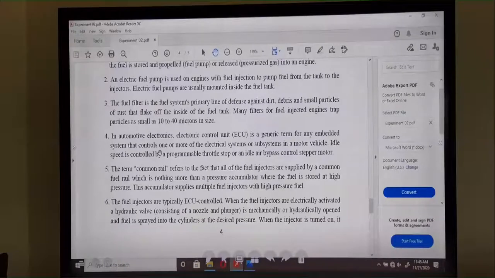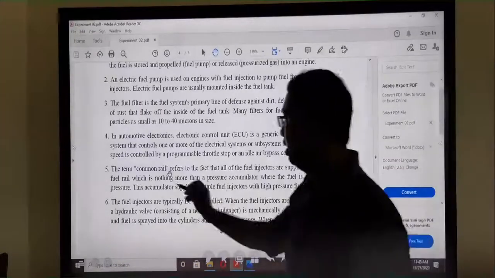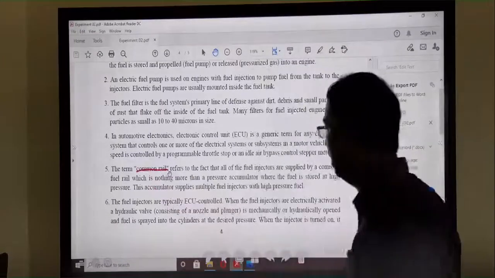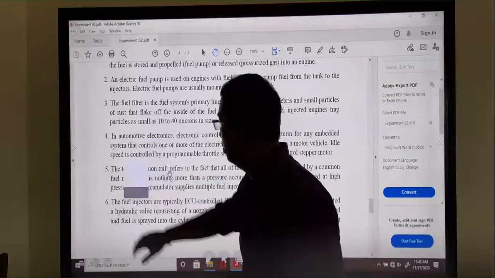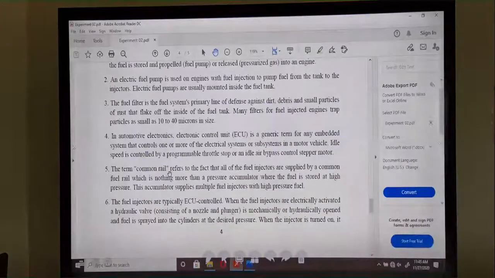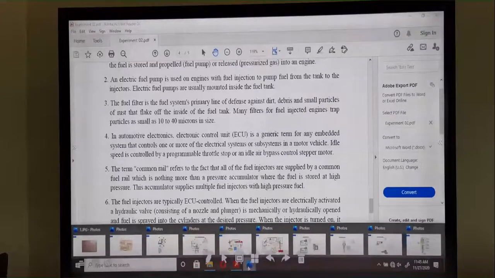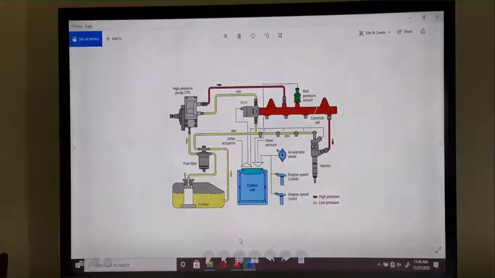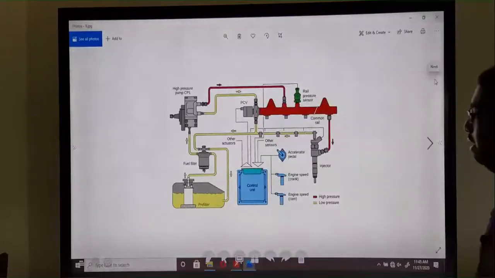Next we study the common rail. What is common rail? This type of common rail is mostly used in modern vehicles.